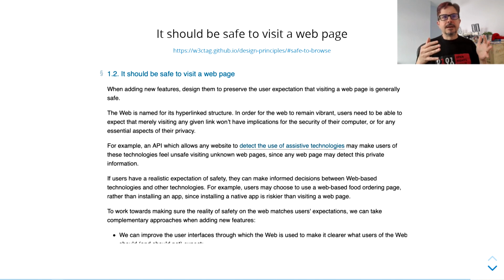And that, again, trickles down into many other types of decisions that you might make when you're building new technologies for the web, around privacy, around data, around security. Those are the types of founding principles that we're looking at when we're looking at design principles for the web.